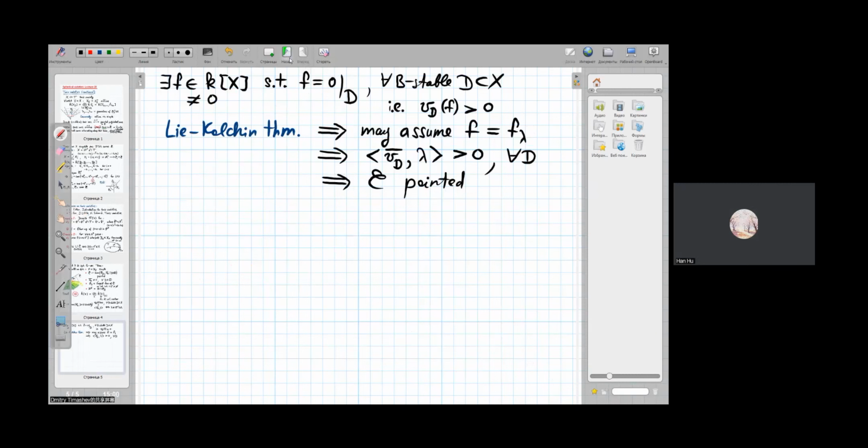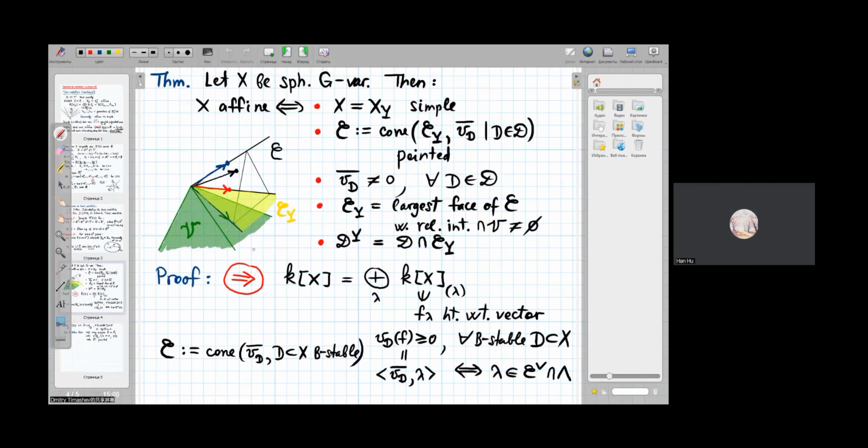So maybe it will be instructive to draw this lambda somewhere on the picture. For instance, you may take a vector in the dual space, somewhere here, such a vector.